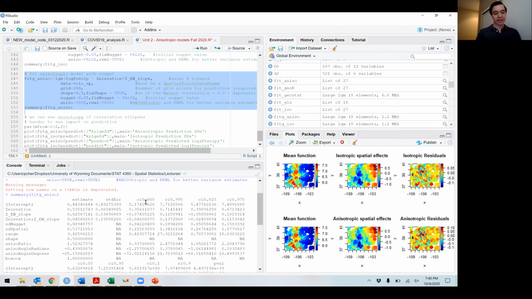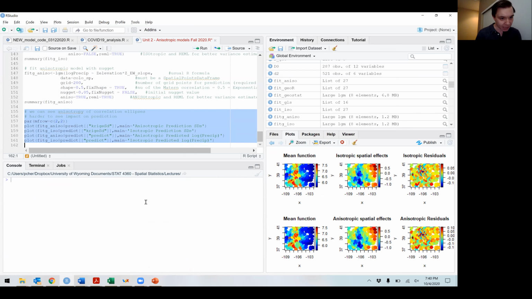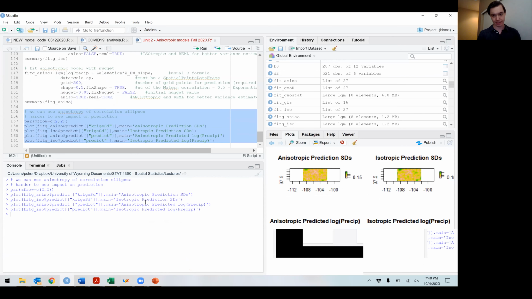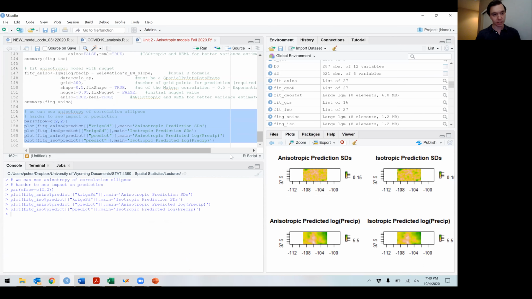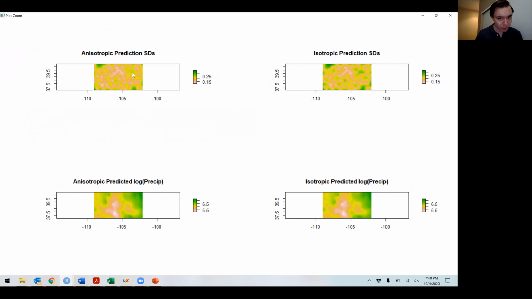What geostatsp allows us to do, though, is visualize where our anisotropy helped us and how. Here I can print out the prediction errors, the anisotropic prediction errors, and the isotropic prediction errors. And if you look really closely, those are circular correlation contours inside the prediction errors.